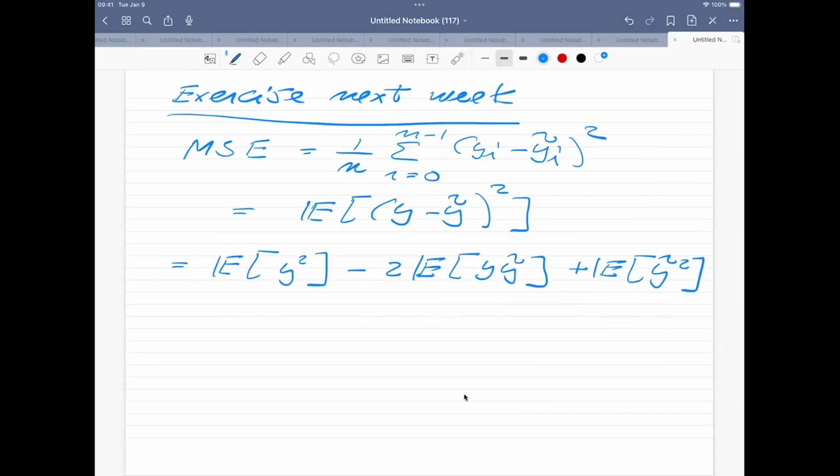Then, if I look at the quantity you have here, this is a quantity which I can rewrite as an intermediate step. So if you look at this quantity, the expectation value of y tilde squared, we can actually rewrite that as the variance of y tilde plus the expectation value squared.